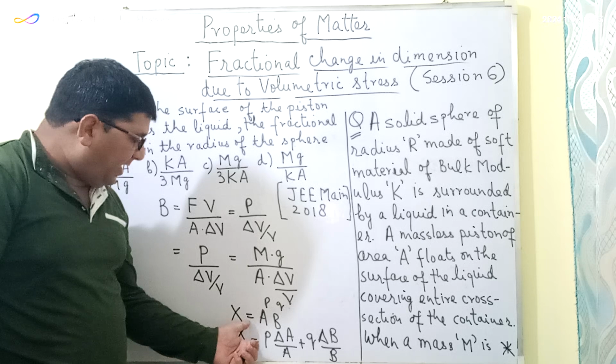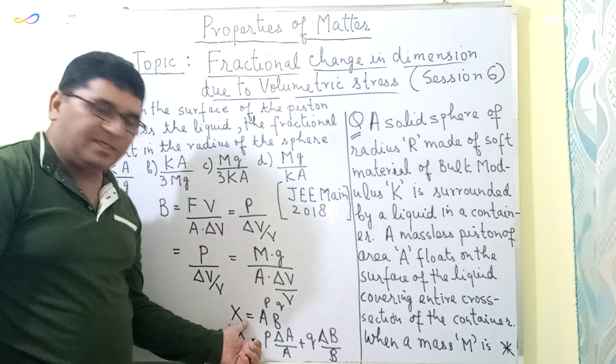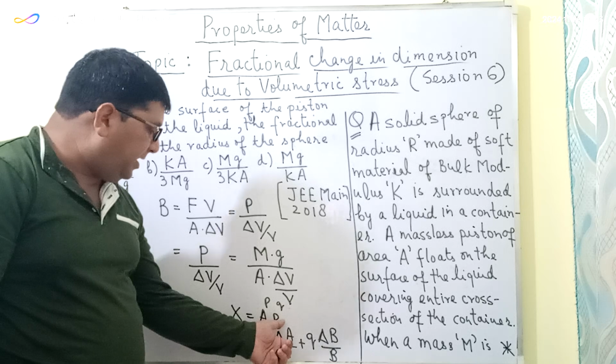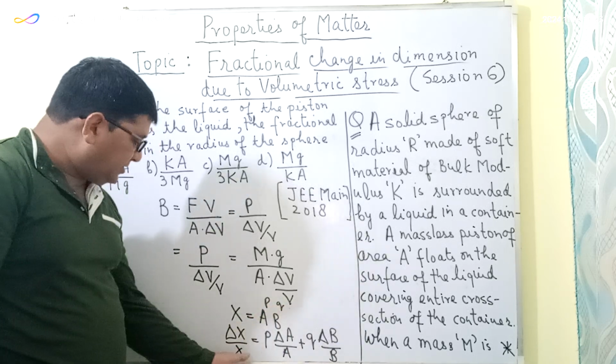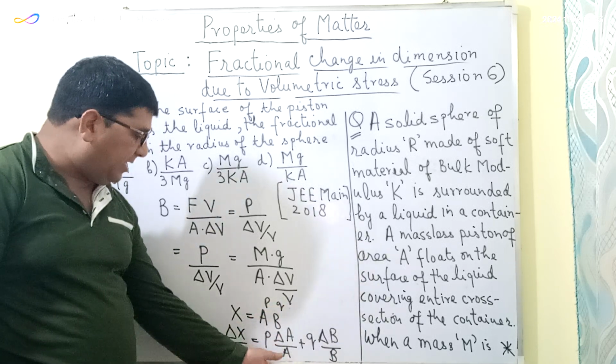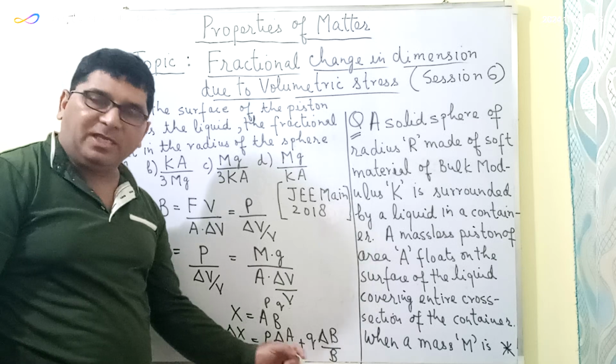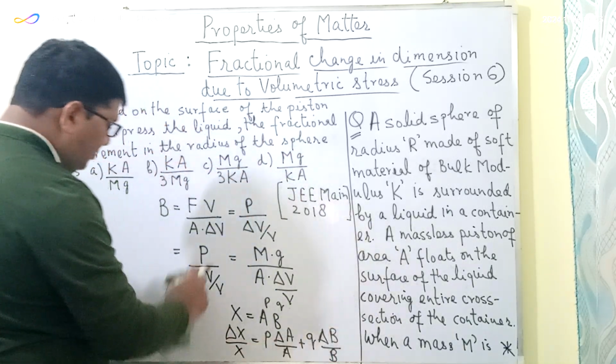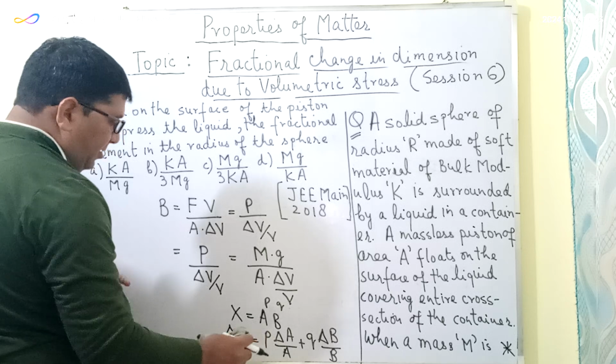So if X is a physical quantity equal to A to the power p multiplied by B to the power q, then delta X upon X will be equal to p times delta A upon A plus q times delta B upon B. This is the formula which I will now use to solve this question.